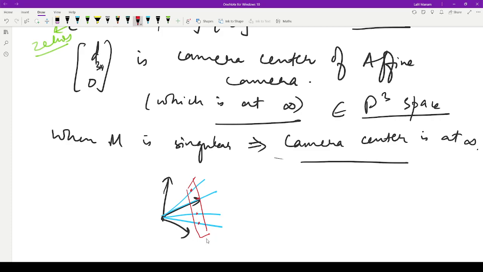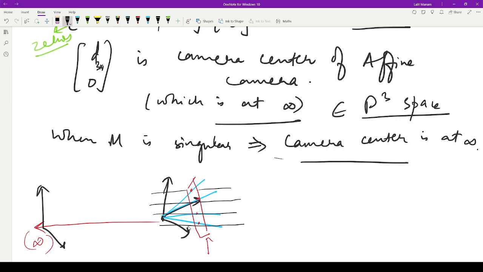But if I keep the image plane fixed here and move this very far away, to infinity, then how does it look? If I move this far away, then all the lines will almost be parallel here, right? It is similar to the sun rays coming to Earth. We consider them as parallel because it's so far away that everything seems to be in a straight line.